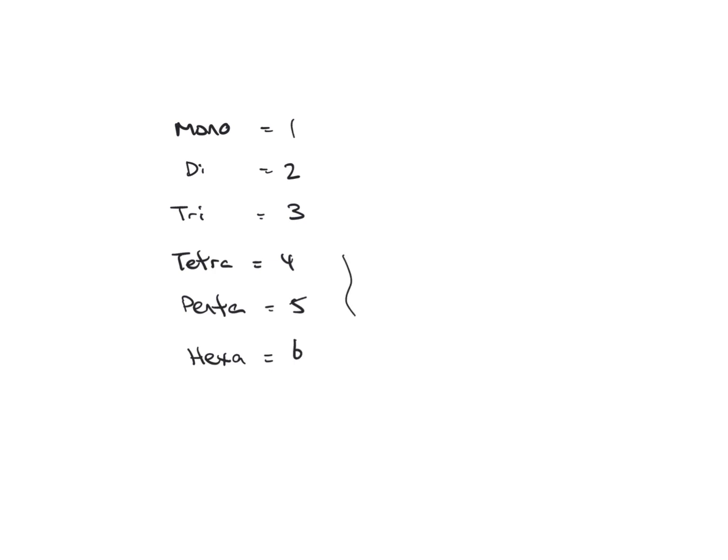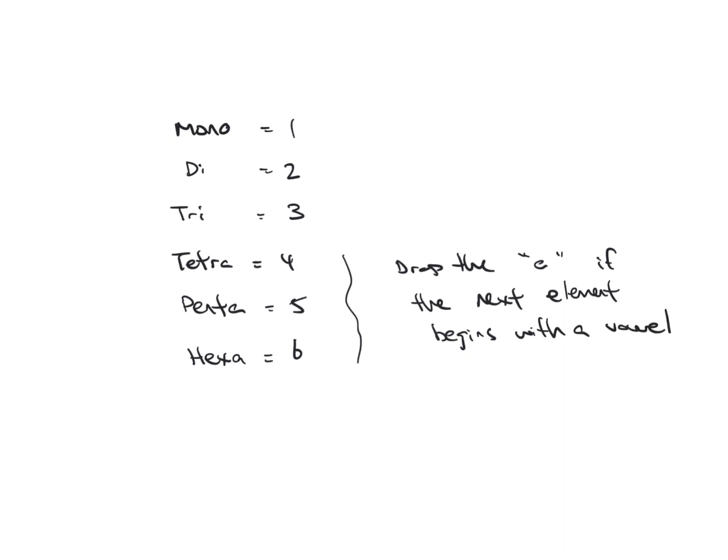For the last 3, tetra, penta, and hexa, if the word that follows it starts with a vowel, we may drop the A in tetra, penta, and hexa. Okay, so drop the A if the next element begins with a vowel. So that usually happens with oxygen.